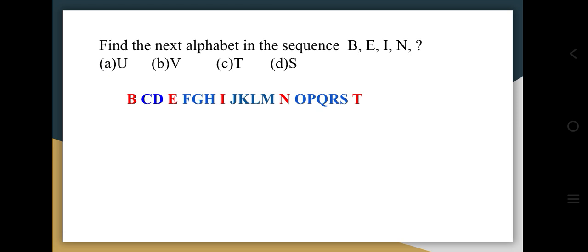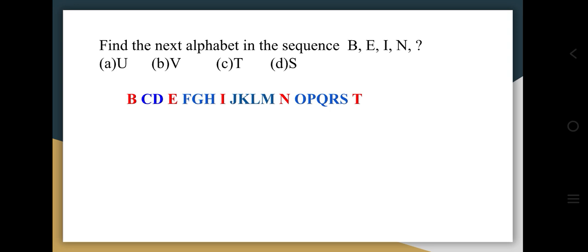Find the next alphabet in the sequence B, E, I, N. We can easily observe that between B and E, 2 alphabets are there. Between E and I, 3 alphabets F, G, H are there. Between I and N, 4 alphabets.